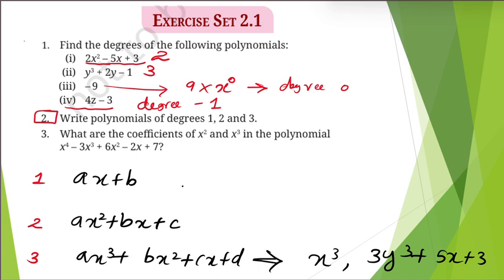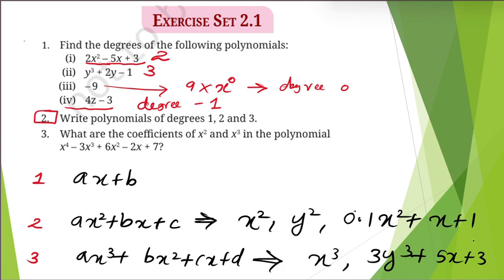Now, for a polynomial of degree 2, if we consider x square or y square itself, it is a polynomial of degree 2 also. Another example could be 0.1x square plus x plus 1, or 5x square plus 3x plus 2. Whatever it is, it will be a quadratic polynomial only because its degree is 2.